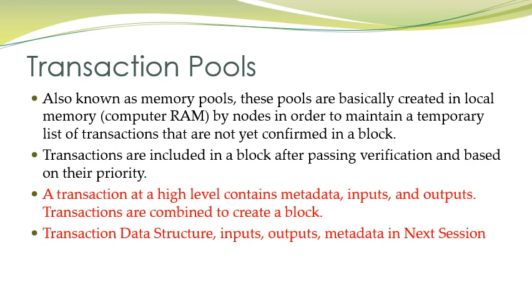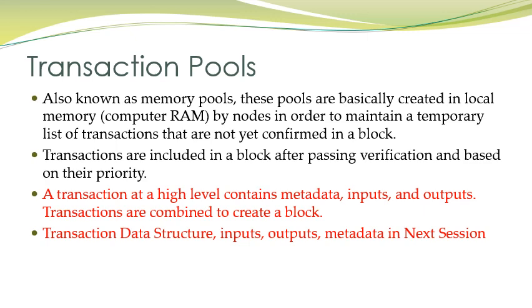These transaction pools are also known as memory pools, and these pools are basically created in local computer memory, that is RAM, by nodes in order to maintain a temporary list of transactions that are not yet confirmed in a block. Until the block is created, we need to keep the transaction somewhere temporarily, because if the transaction is not verified, then that transaction may be discarded.